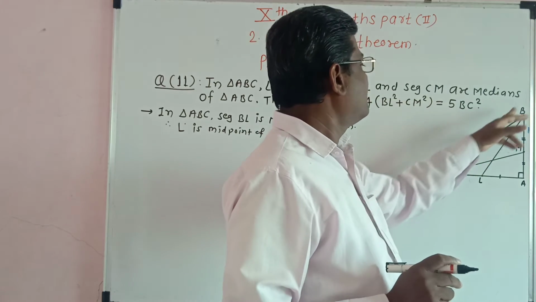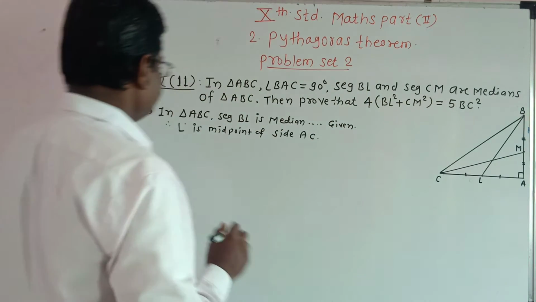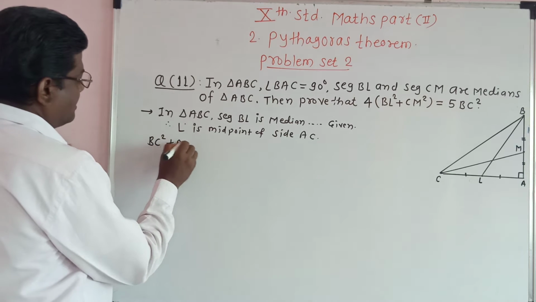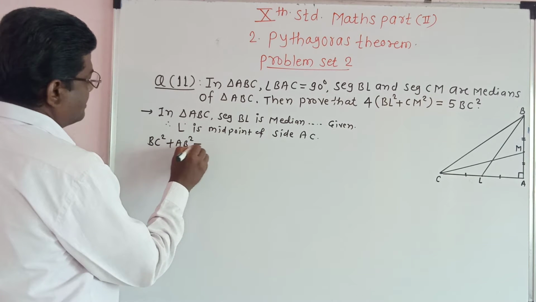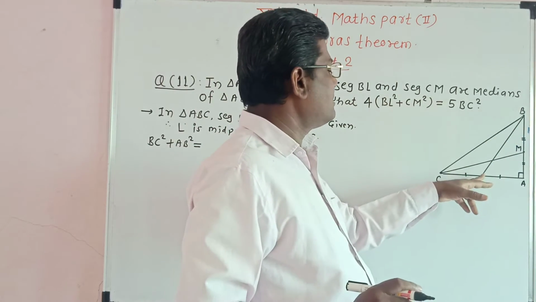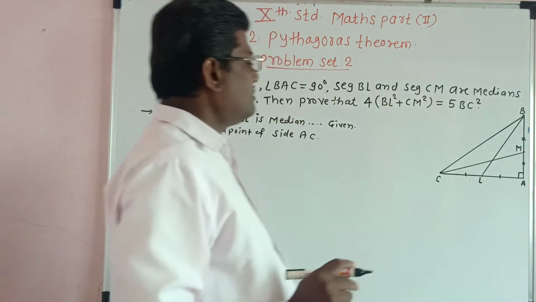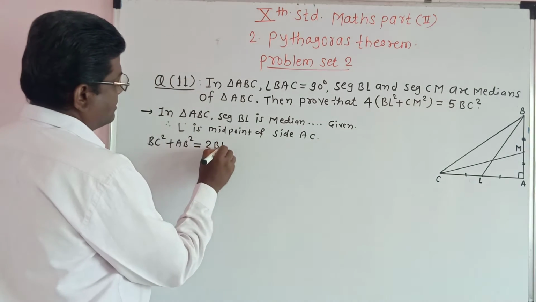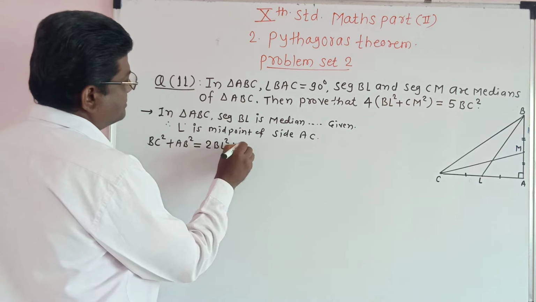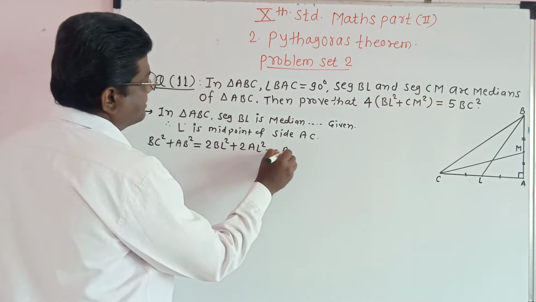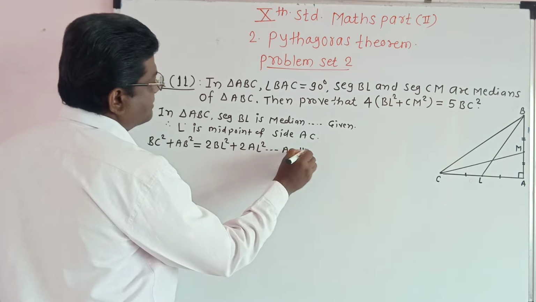BC square plus AB square is equal to 2BL square plus 2AL square. Reason is Apollonius theorem.